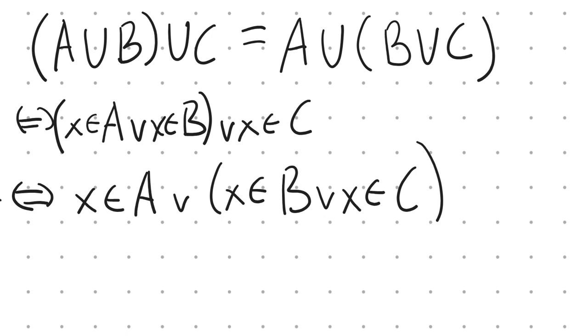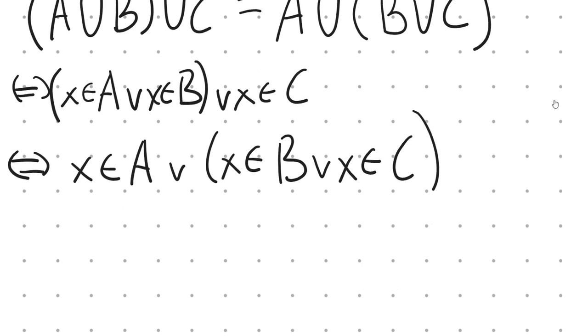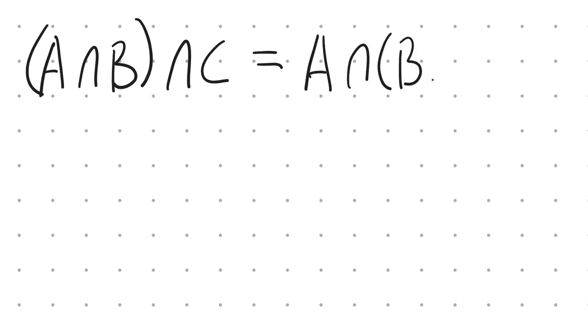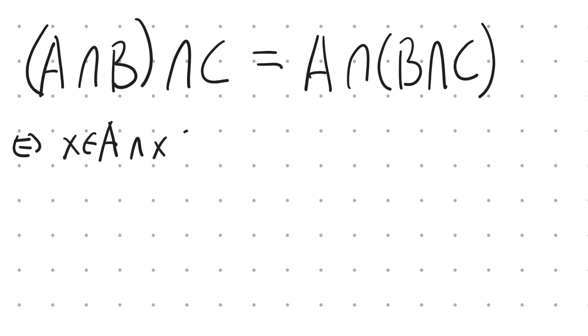So the associativity works for the union. Let's try for the intersection. A intersect B intersecting C will equal A intersecting B intersecting C, which will state that X is in A and X is in B and X is in C.